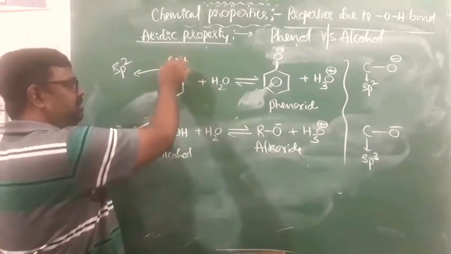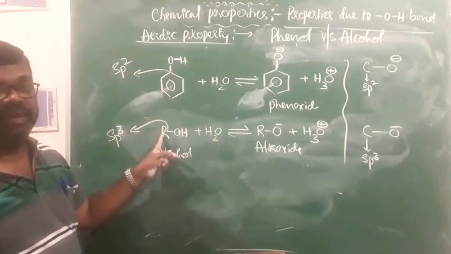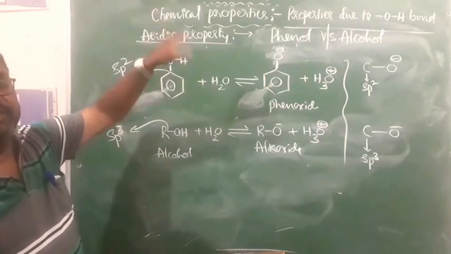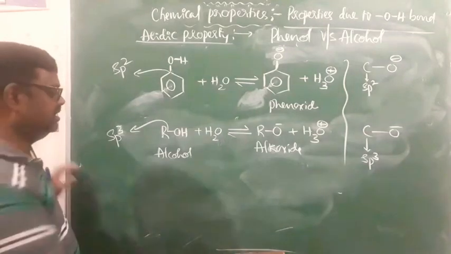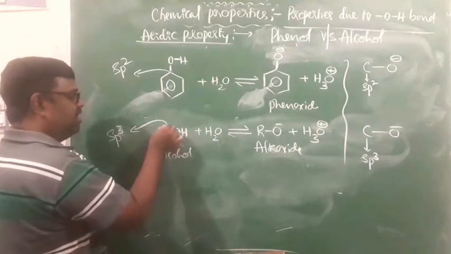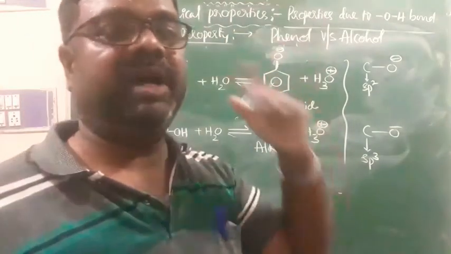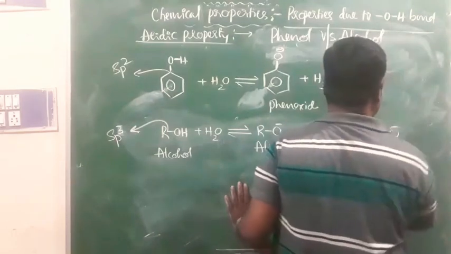All the electrons shift towards the sp2 carbon, because it is more electronegative than the carbon atom of alcohols. So the OH bond is more polar and therefore hydrogen will be liberated in the form of H plus. Here in the case of alcohol, the carbon atom is sp3 hybridized, which is less electronegative than in phenol, and that is one reason.